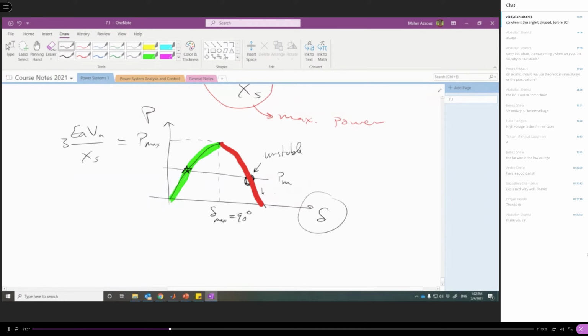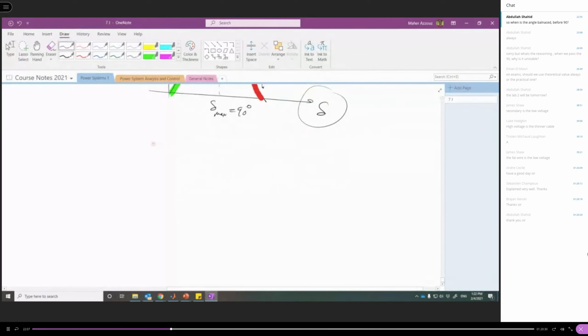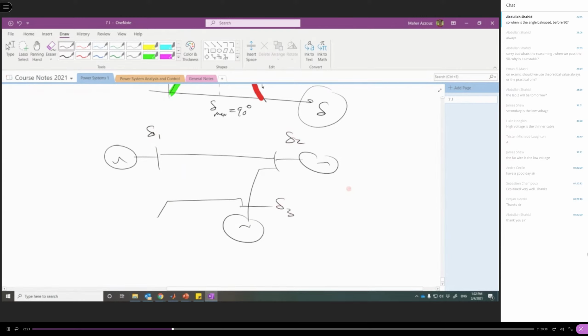In power systems, all generators are synchronized. They operate at the same frequency. This is one condition. And the angle difference is steady. If we have a generator here, another generator here, a third generator here, and so on, and the voltage of this generator has an angle delta 1, this is delta 2, delta 3, then the angle difference, delta 1 minus delta 2, or delta 2 minus delta 3, should remain constant.